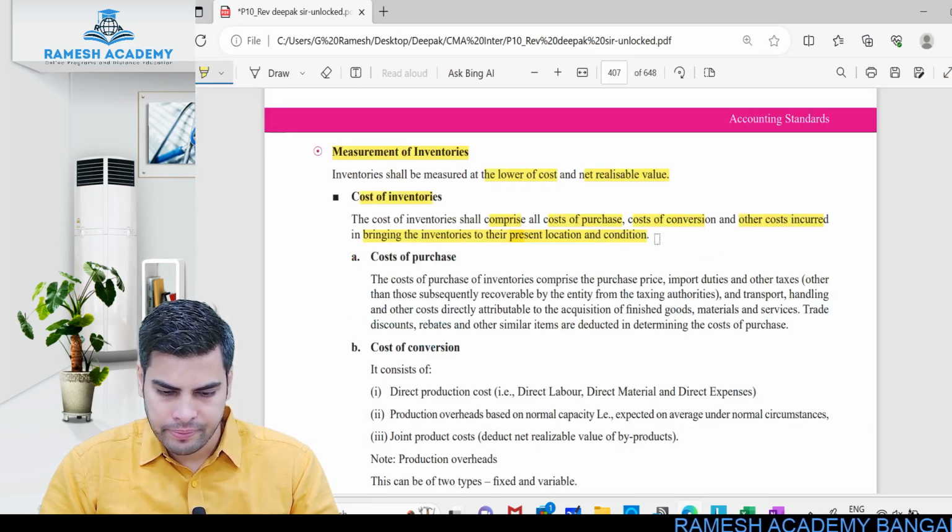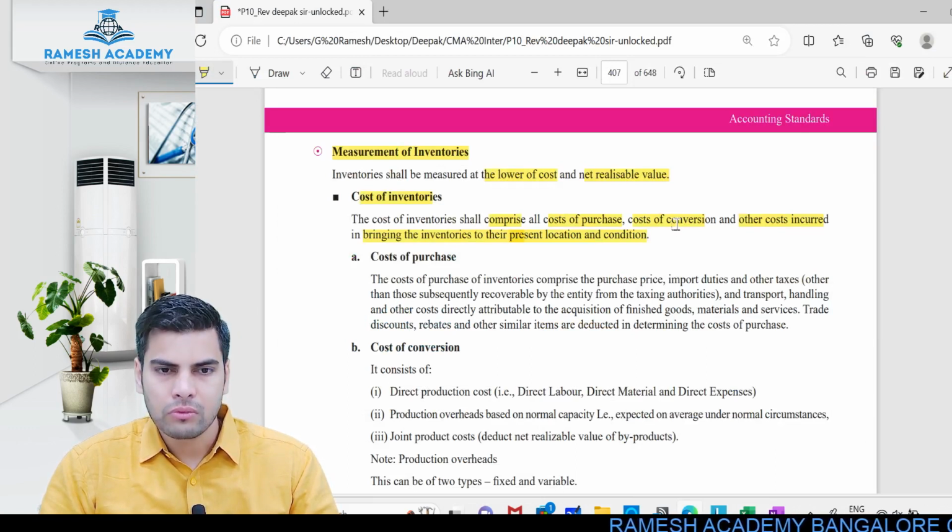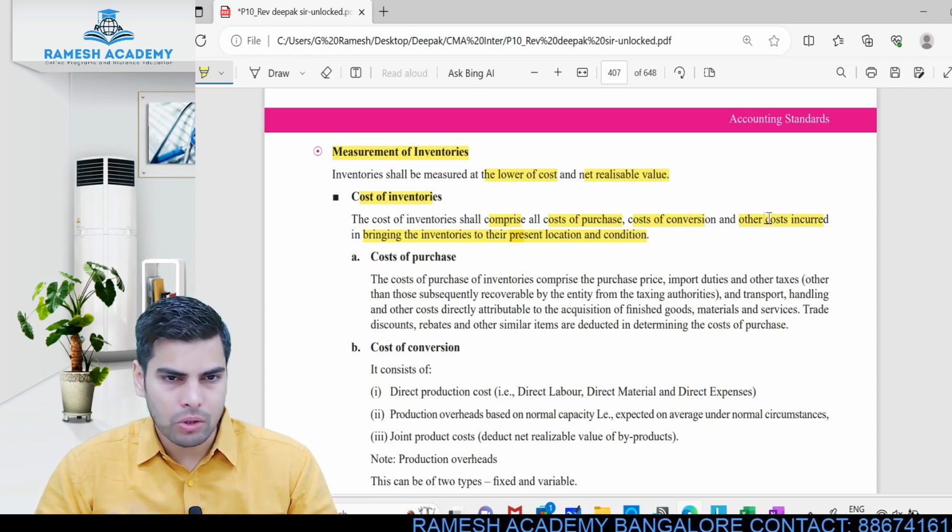Look at this. We find cost of purchase, cost of conversion and other costs which are incidental to bringing this particular inventory to the present location or condition.